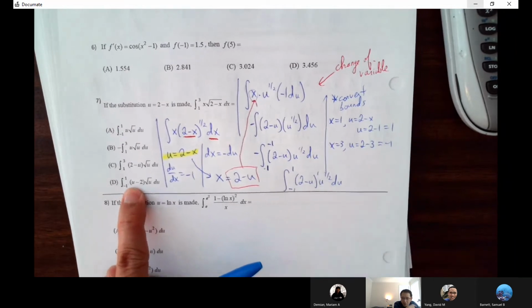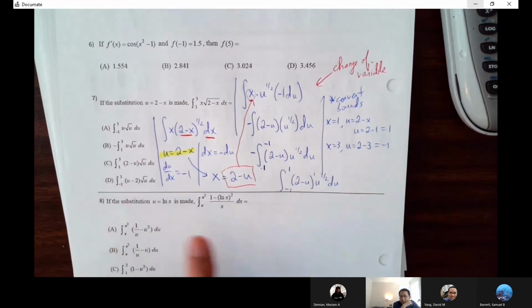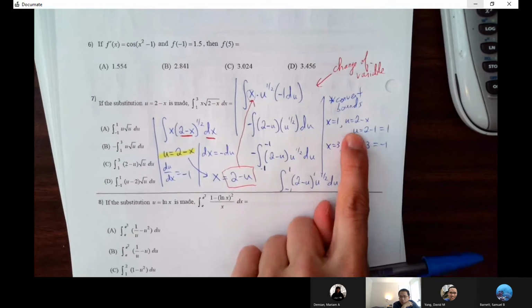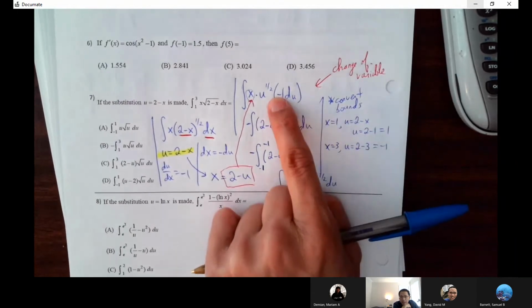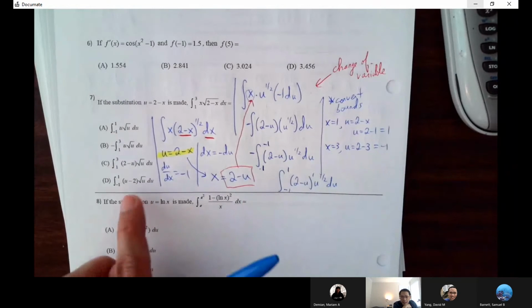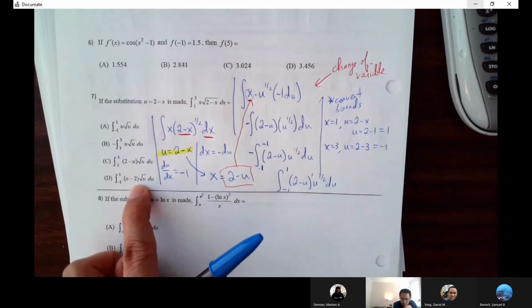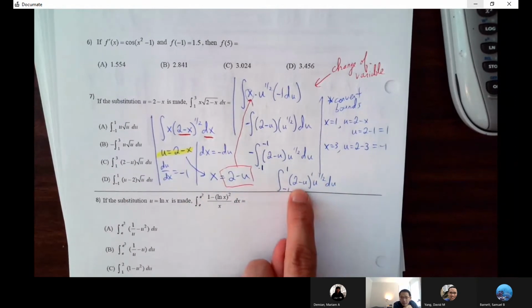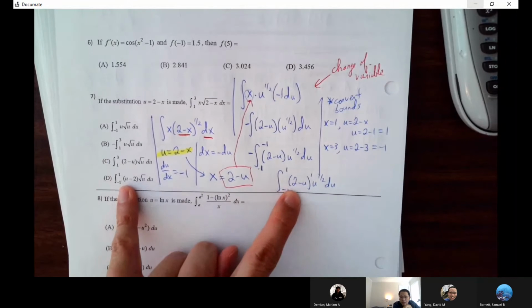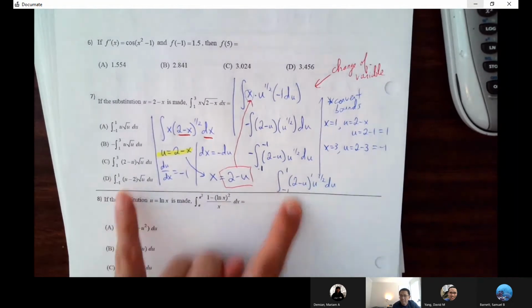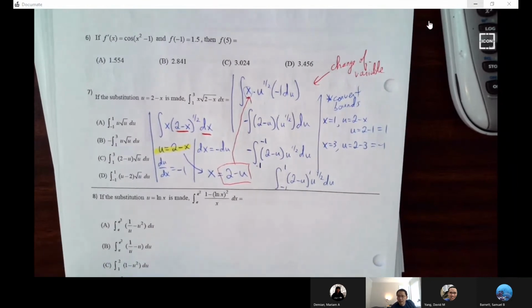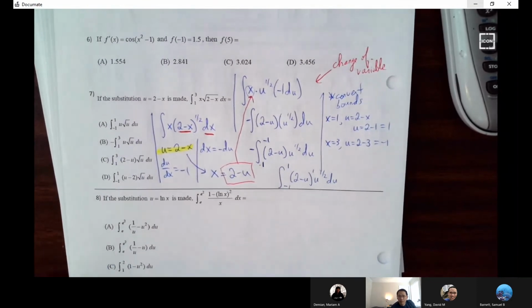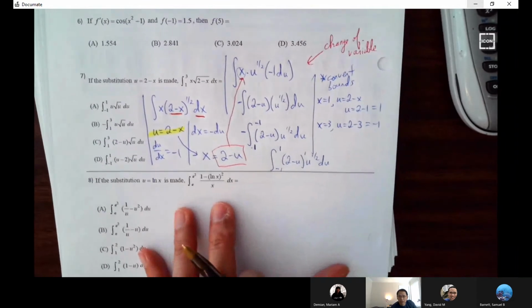Okay, so let me look a little further into this. I don't know if I made a mistake somewhere in between here, but I had to hold on to that negative exponent. So the answer choice was supposed to be D, but I'm getting something that's a little bit different, with u minus 2 versus 2 minus u. I don't know if you guys see anything different from what I'm seeing with number 7.